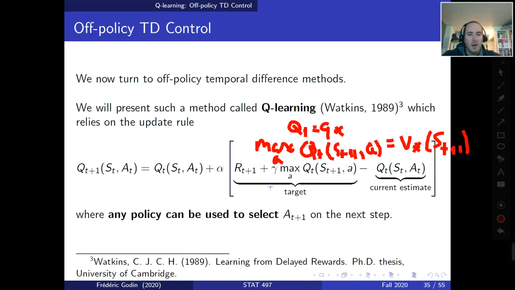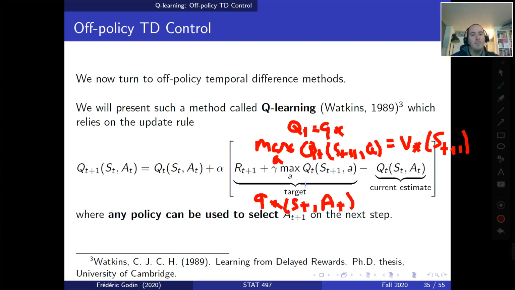Okay, so if you replace this quantity here by your value function in the next step, then the expectation of this target would become exactly equal to Q star of S_t, A_t.